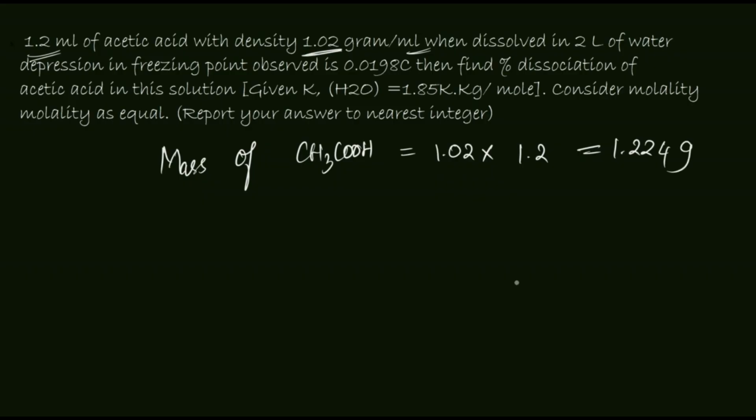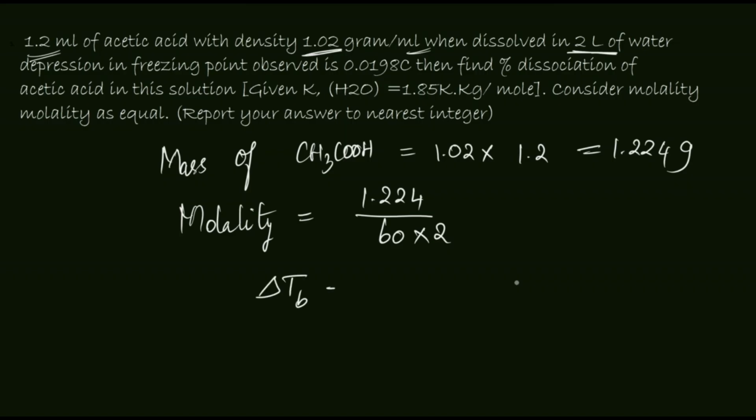Then calculating the molality: 1.224 divided by 60 as the molecular mass, and the volume in liters. Here we are taking it as such because it is in liters. So they are talking about the freezing point depression. The relation is delta Tf equal to van't Hoff factor times Kf.